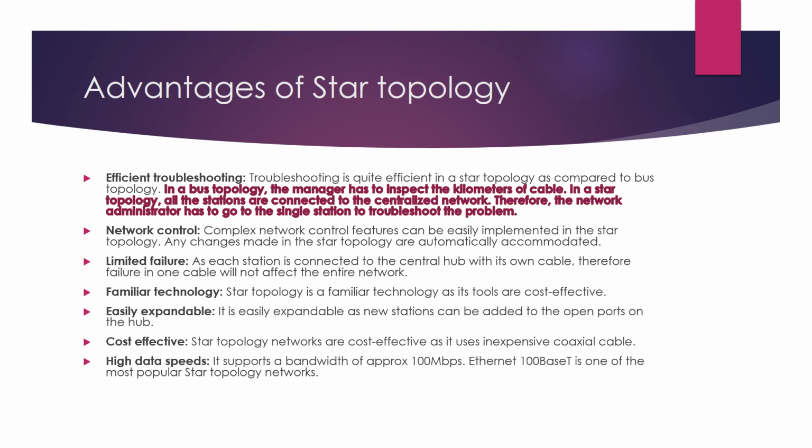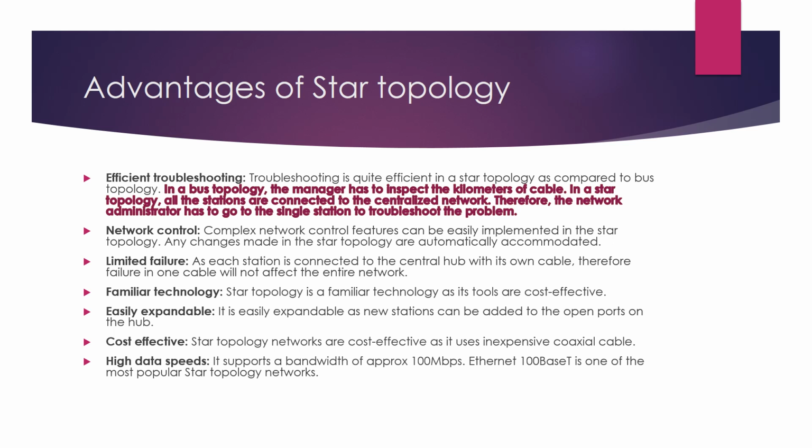And the fourth one is familiar technology. Star topology is a familiar technology as its tools are cost effective and easily expandable, because we just have to connect one device to the central hub. So it can be added to the open ports on the hub easily.